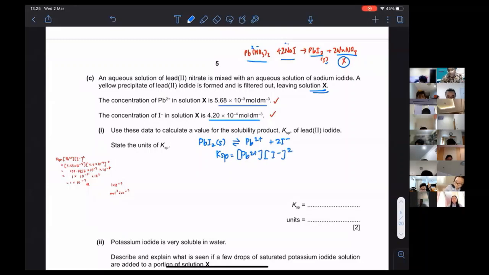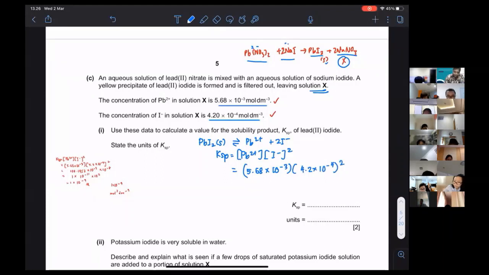Only the products. So I have all the information that I need, because that is the information they ask you to use. So I'll just straight away use that information. They have given me 5.68 times 10 negative 3, I just put it in, and then 4.2 times 10 negative 4, I just put that in, and to the power of 2.